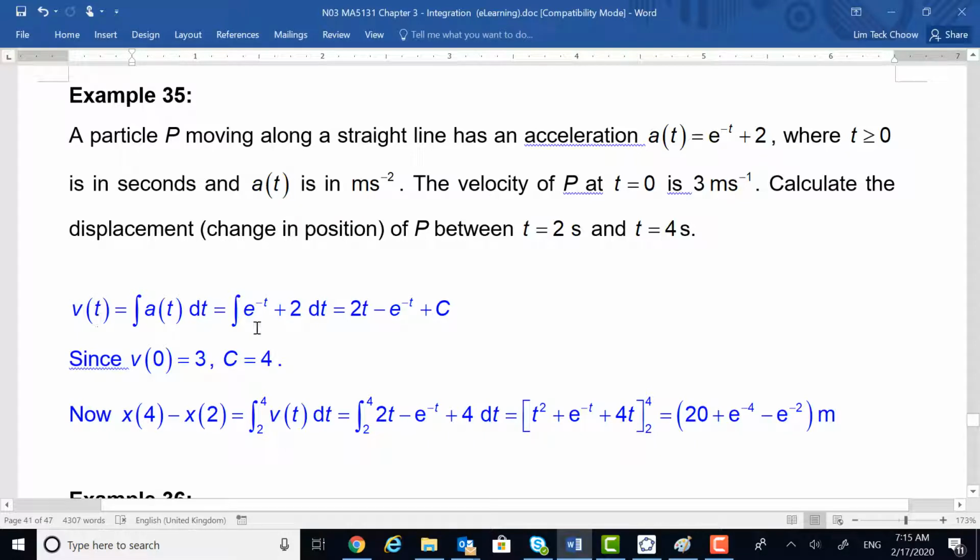In this case, I've integrated the acceleration to give me an expression for velocity. Then using the condition when t is 0, v is 3, find the value of c. And now with the velocity expression, I can find the change in displacement by integrating the velocity from 2 to 4. And then immediately I get the change in displacement. Okay, give some time to copy first.